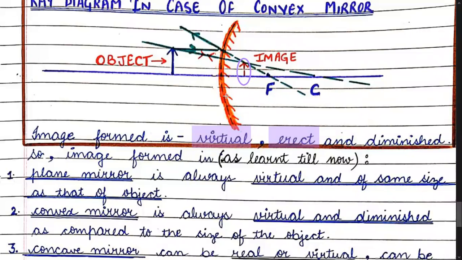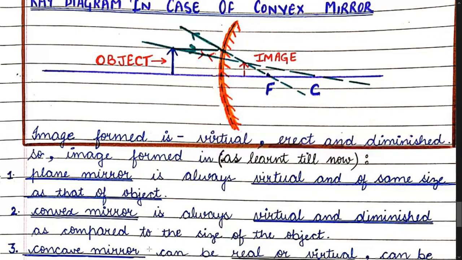So the image formed, I have shown a little dotted. And students, all the rays behind the mirror are also to be shown dotted. And if we compare the size of the image with the size of the object, the image formed is smaller in size. So the image has 3 characteristics: virtual, erect, and diminished.